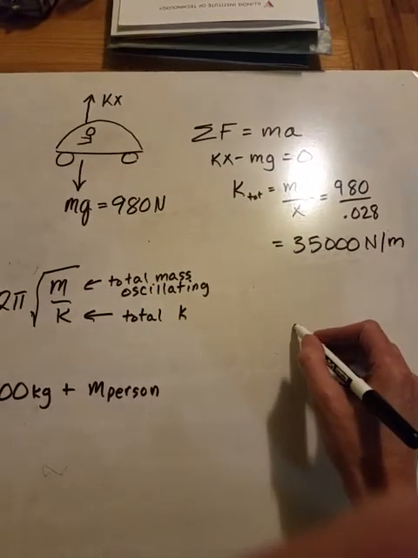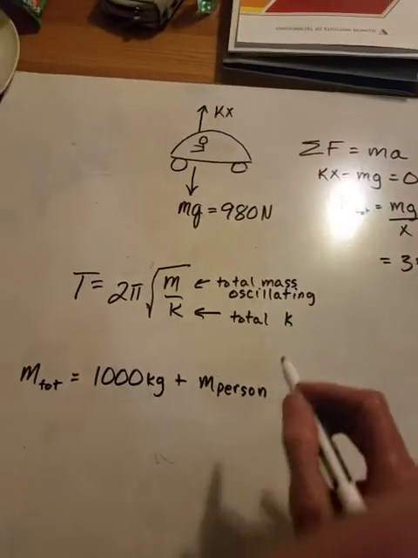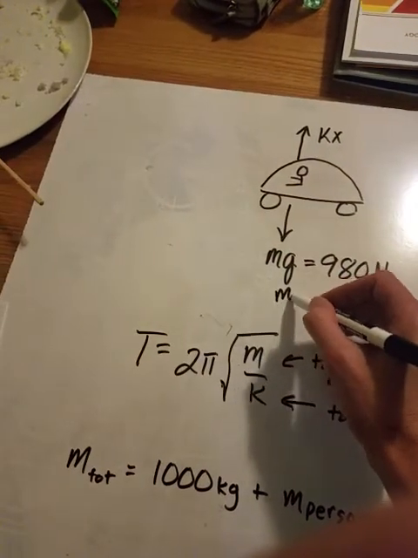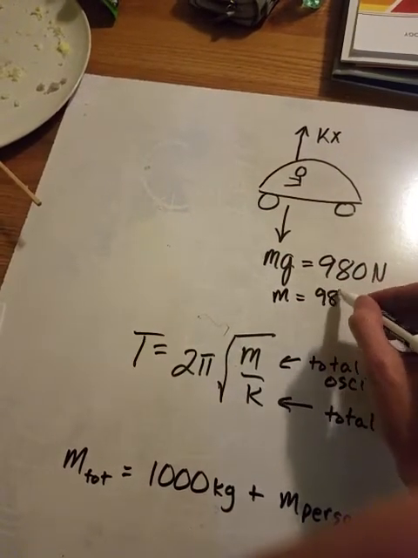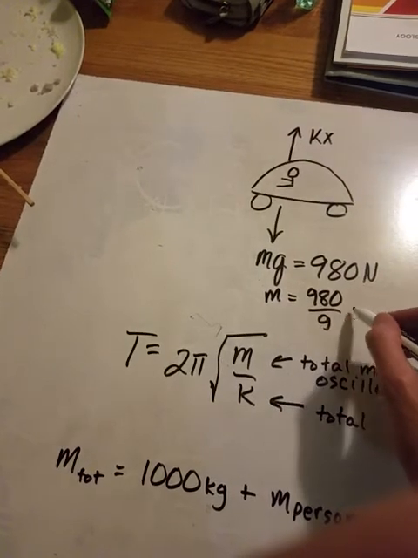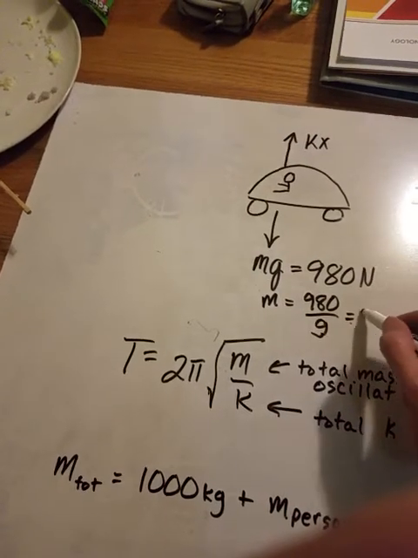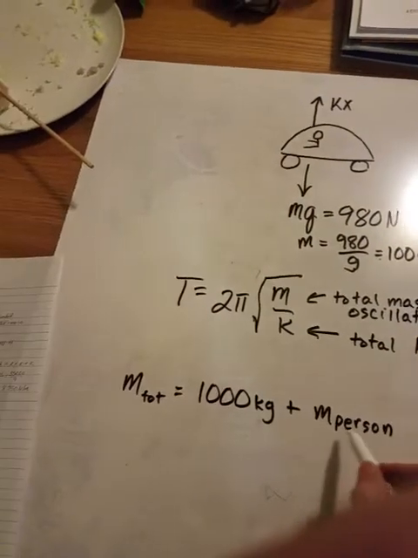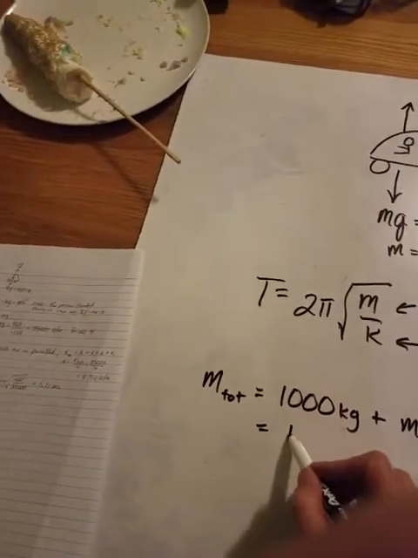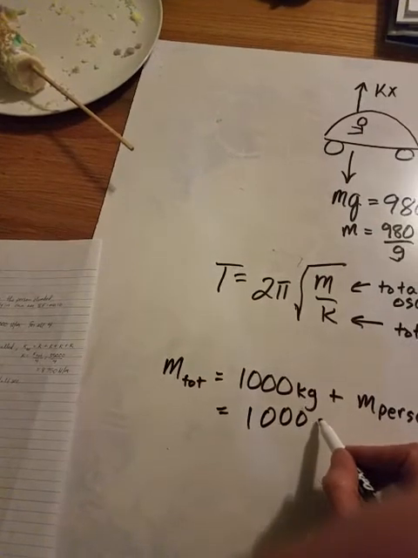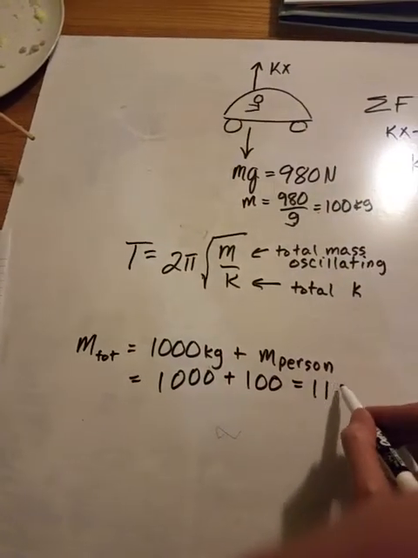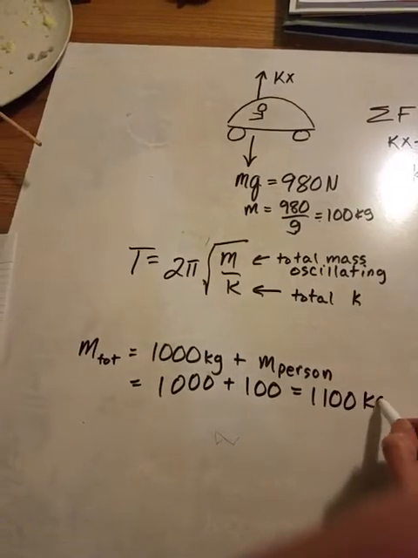Since mg was equal to 980, we can get mass by taking 980 divided by g, or 9.8. That's going to give us 100 kilograms. So that's going to be 1,000 kilograms for the car plus the 100 kilograms of the person, which is 1,100 kilograms.